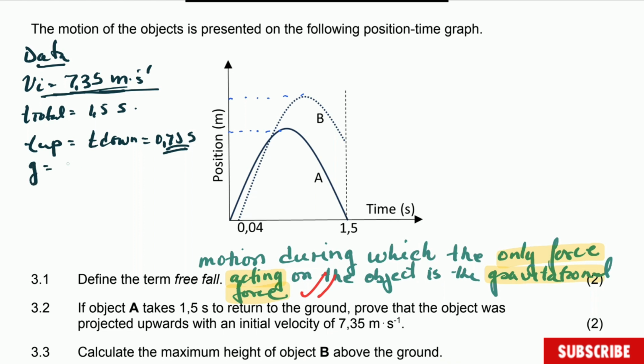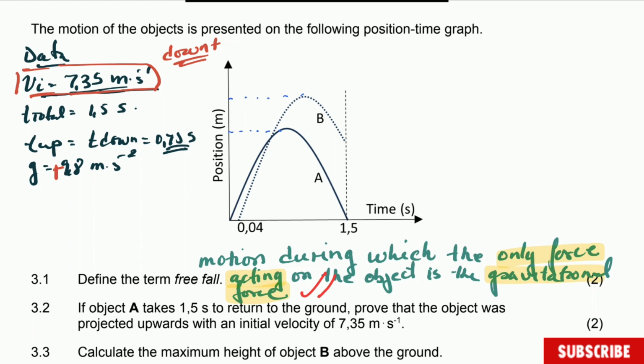The acceleration due to gravity is 9,8 meters per second squared down. I'm going to write direction on top, for instance, down positive. Therefore, the acceleration due to gravity is positive. This one I'm leaving because I'm looking for it, guys.